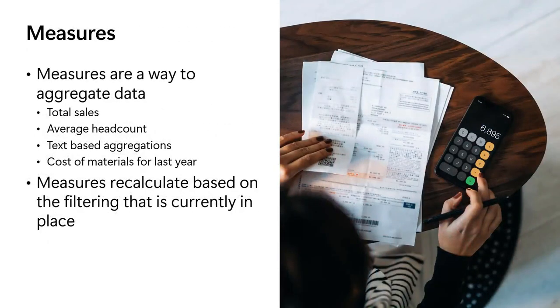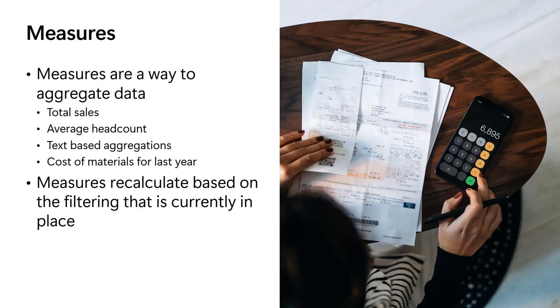Measures can be used in a range of ways, from simply totaling our sales through to averaging and even using text-based aggregations. In addition to performing simple aggregations that only look at one table, they may even span multiple Power BI tables, and we'll see this in our exercises.